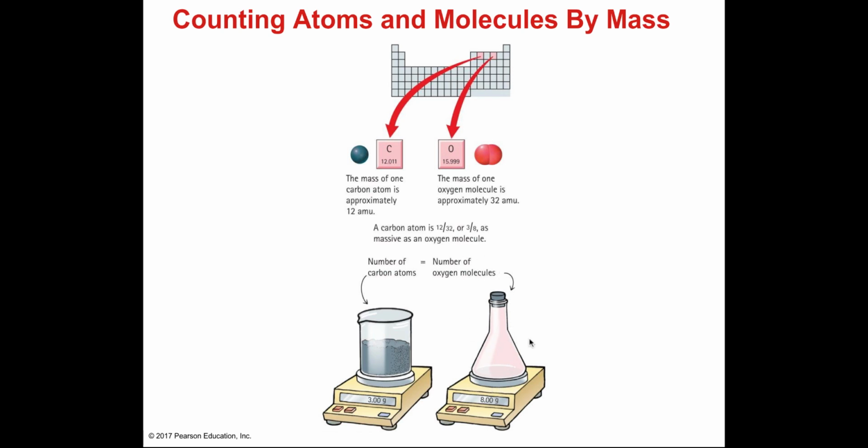These 8 grams contain a very specific number of oxygen molecules. It is much harder to count the number of molecules of oxygen because they are so small that the eye cannot even see them. But we can do the counting much faster by just weighing the oxygen or just weighing the carbon atoms.